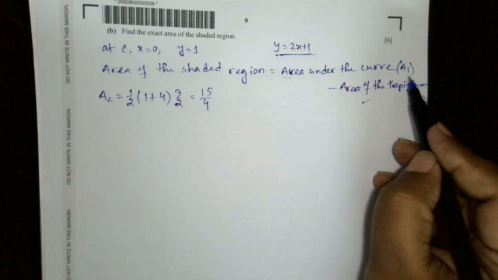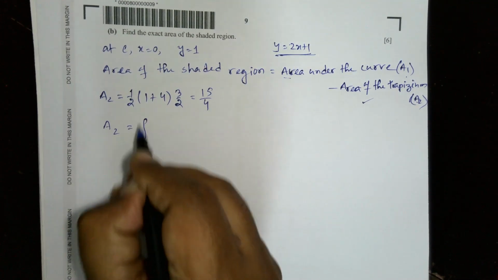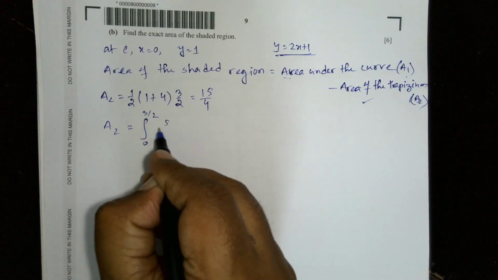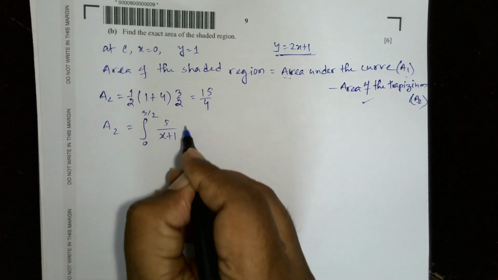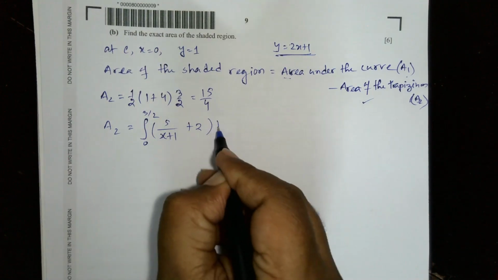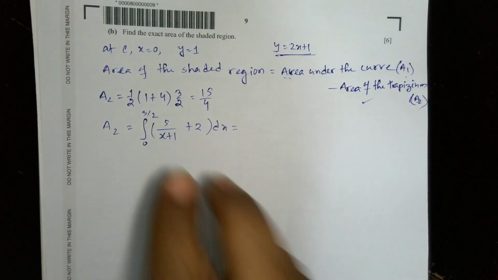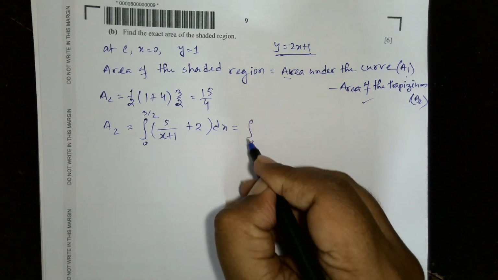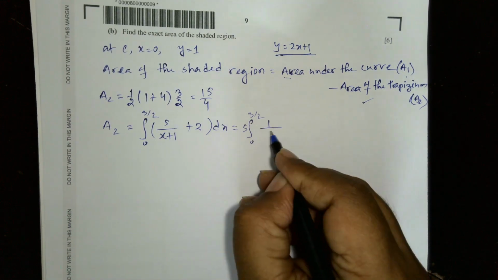Now A1 remains. A1 should be the integral from 0 to 3 over 2 of 5 over (x plus 1) plus 2 dx. Let's split them separately. Integral from 0 to 3 over 2 of 5 times 1 over (x plus 1) dx.